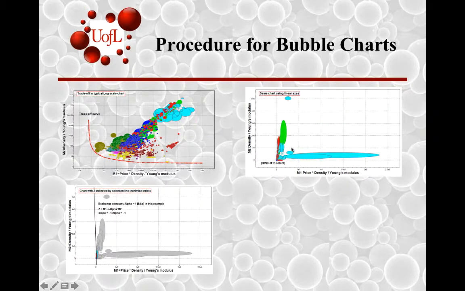If we take now this particular plot, we can now use a line tool and apply a slope. The slope would be minus 1 over alpha, and arbitrarily if we choose alpha to be 1, in this case it will be minus 1 as a slope. We could choose different values of alpha slopes on the EduPack chart mode, and accordingly you can decide what is the optimal solution, and then you select the minimum index.